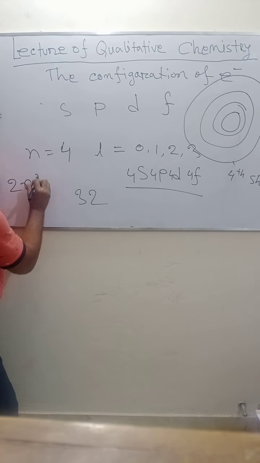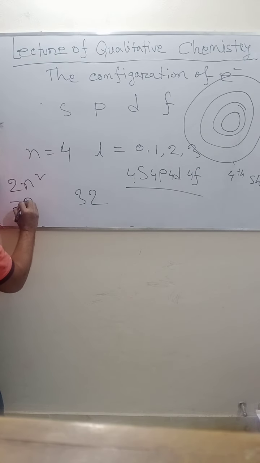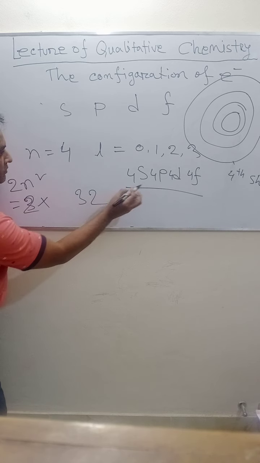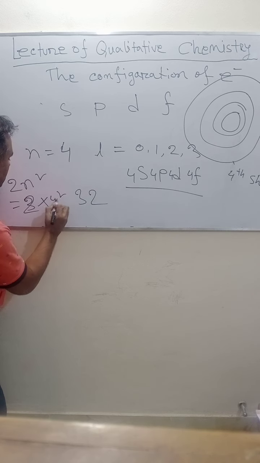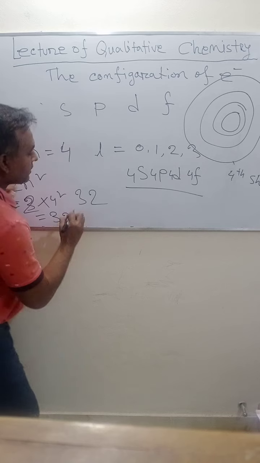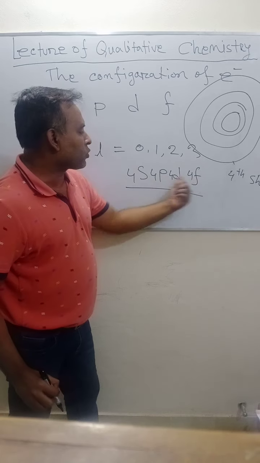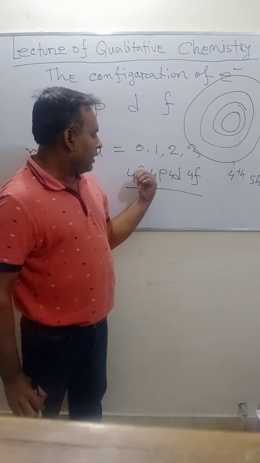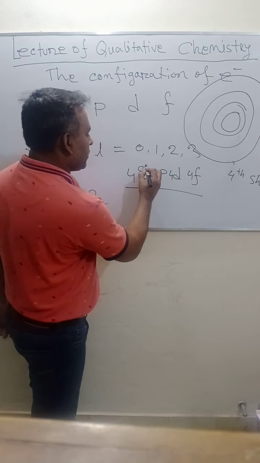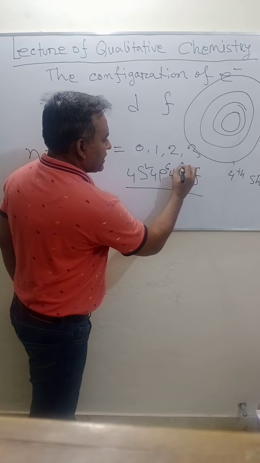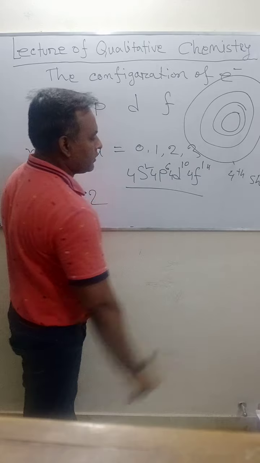You know the 2n square formula, which gives 32. These 32 electrons you have to fill in the subshells: first S 2, then P 6, D 10, and F 14.